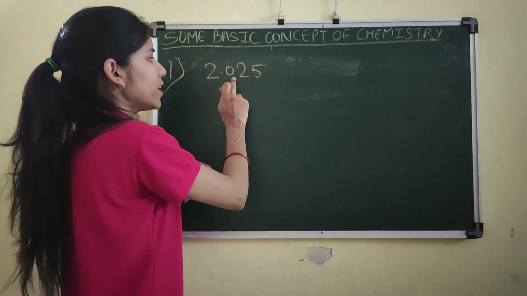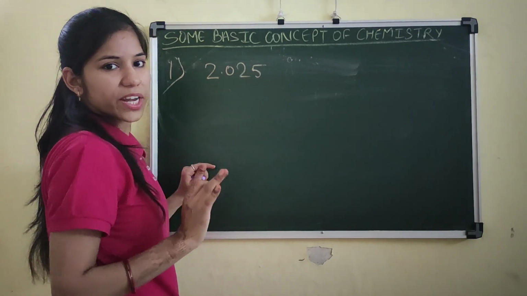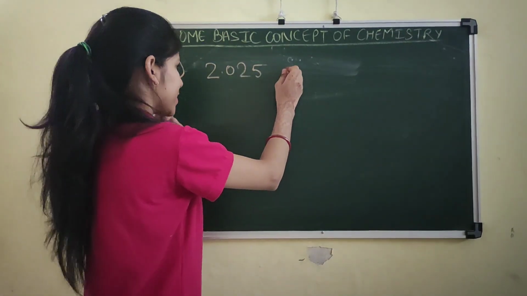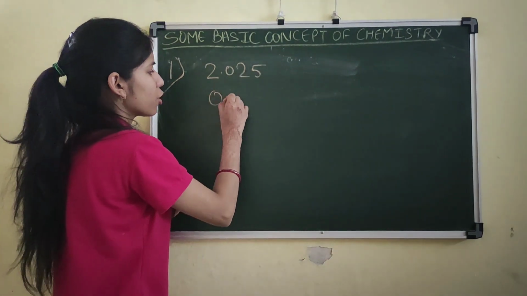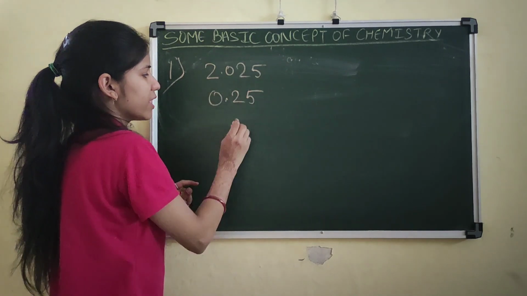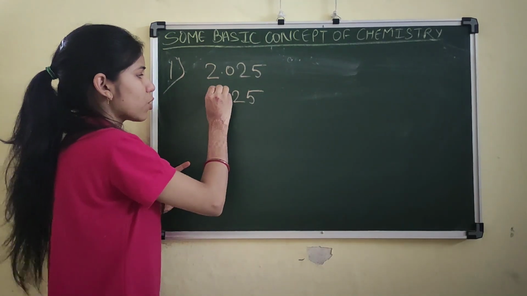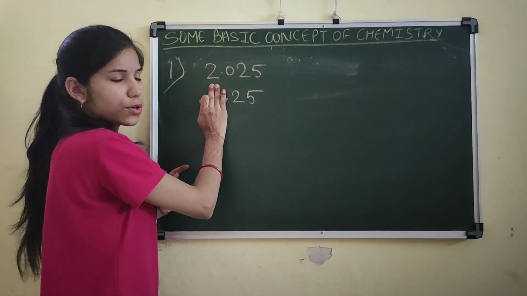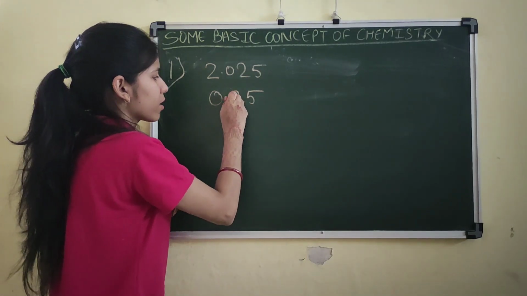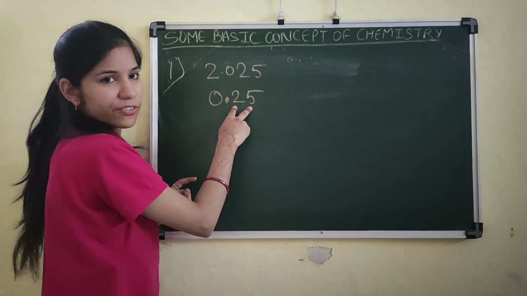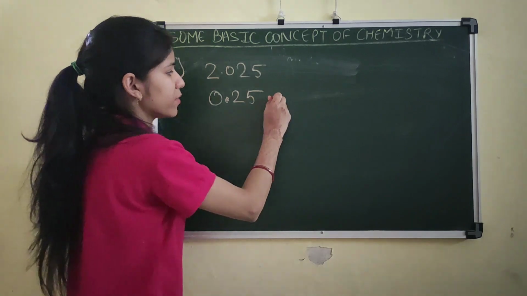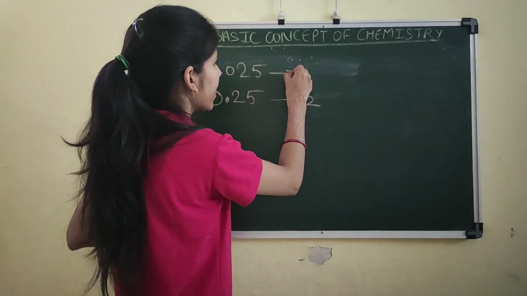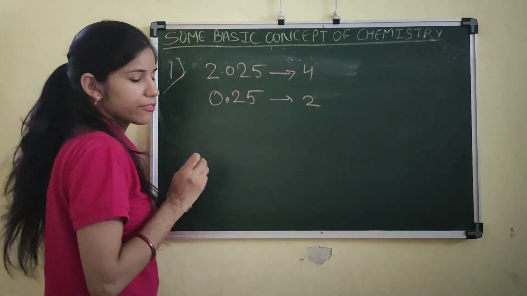In this, 1, 2, 3, 4, four significant figures are present. And 0.25. In this, the 0 is not counted. So there are 2 significant figures, that is 2 and 5.